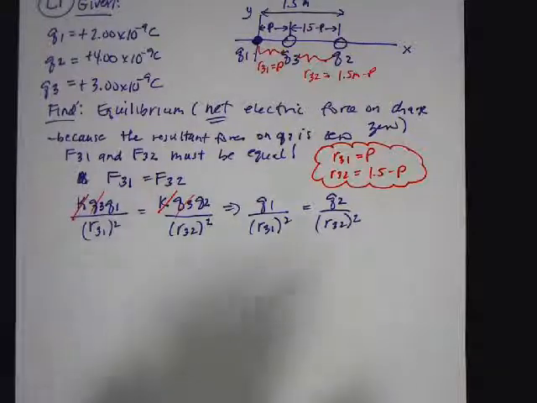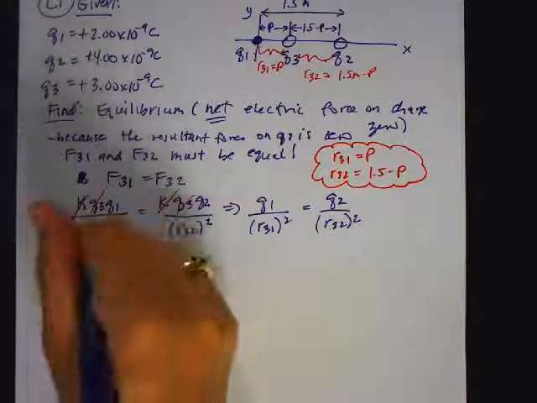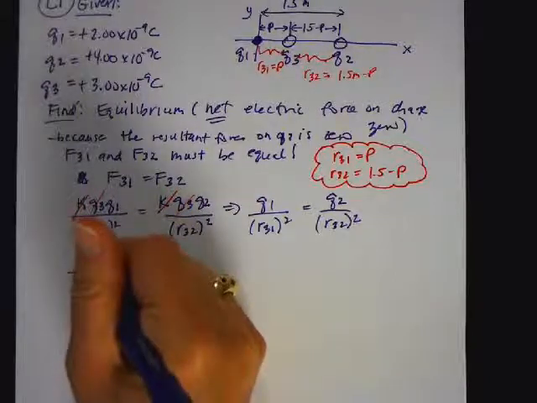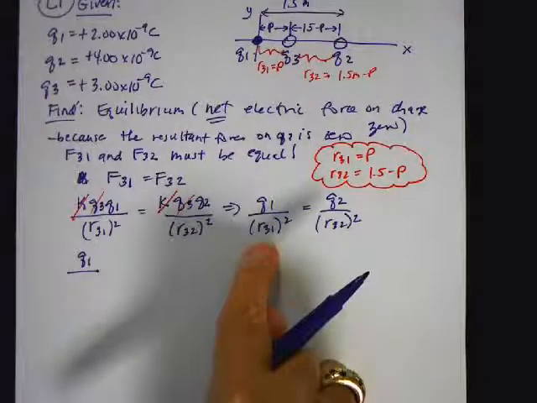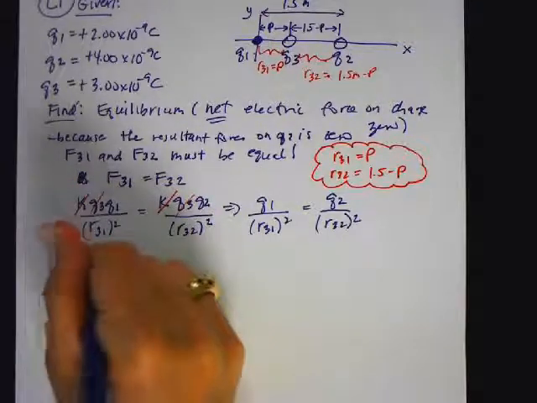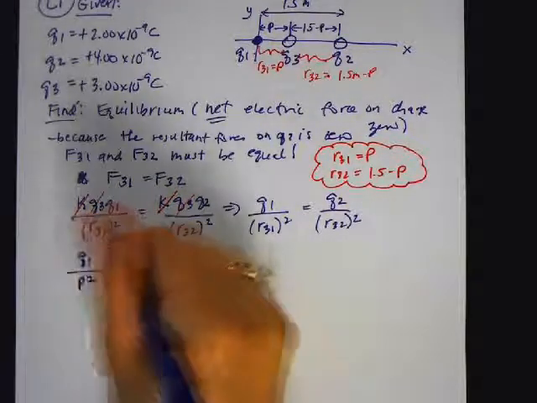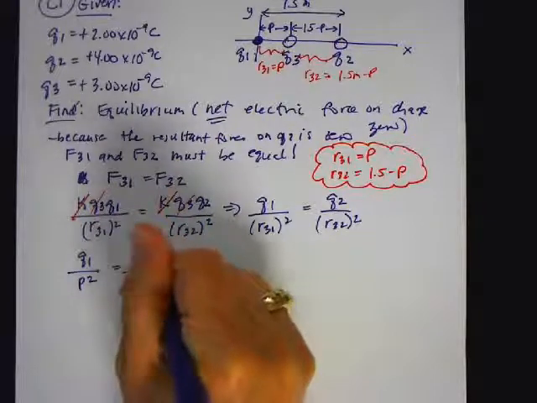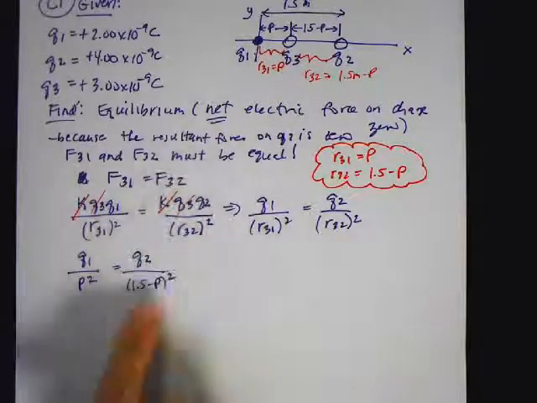Now, a lot of you just want to plug values in. You can do this mathematically any way you want to. I have Q1, and instead of R31, I'm going to put P. So Q1 over P squared is equal to Q2 over 1.5 minus P squared. Now, what happens is I'm going to have to multiply this out.